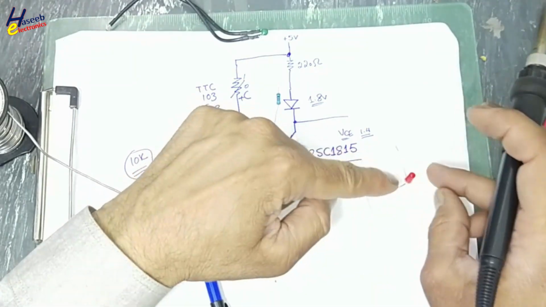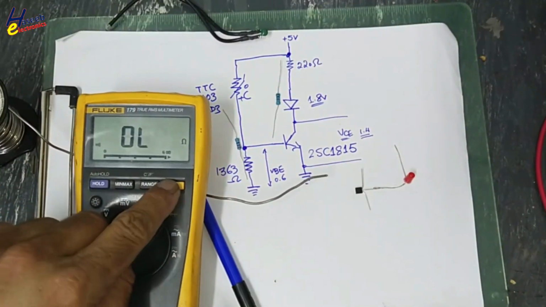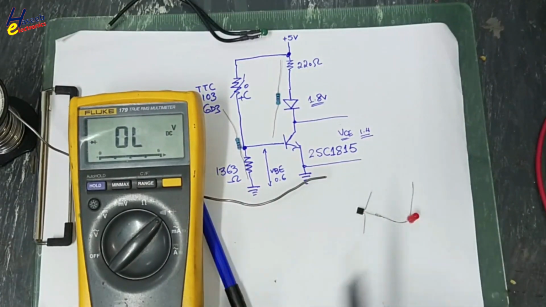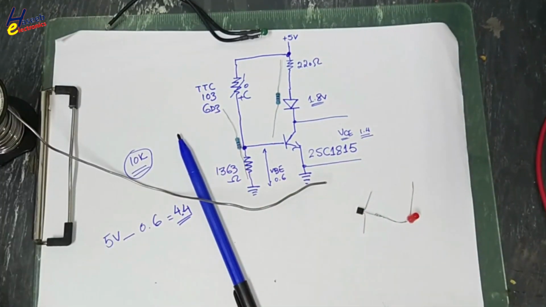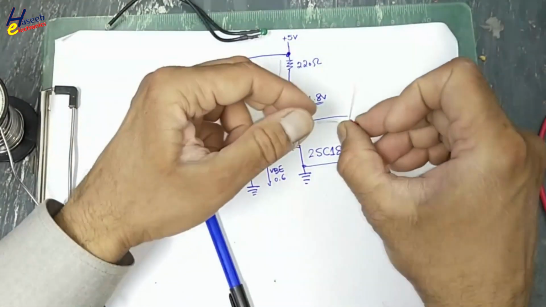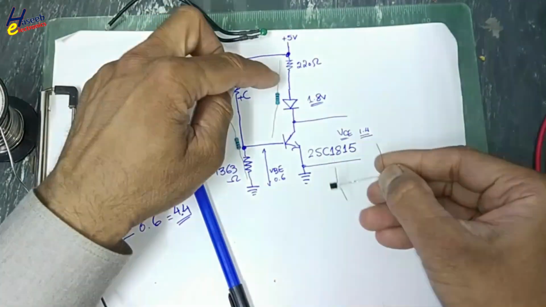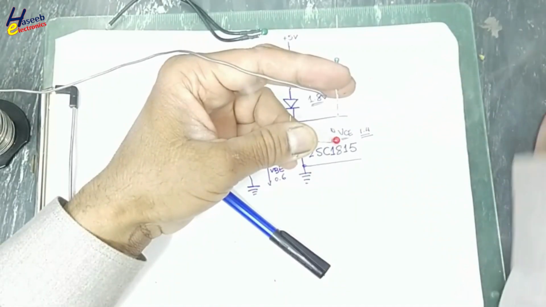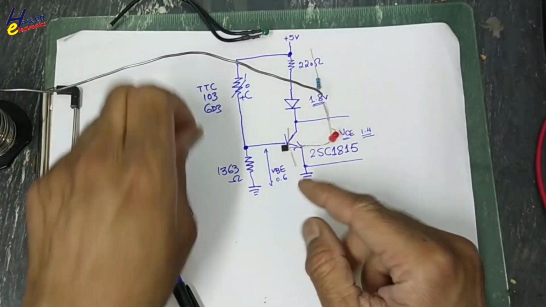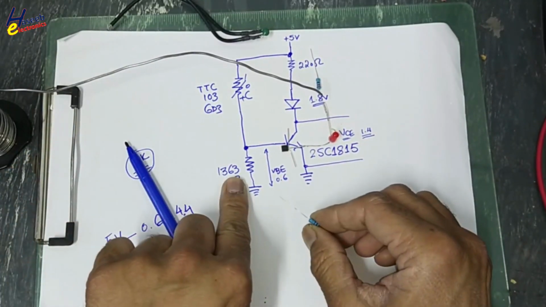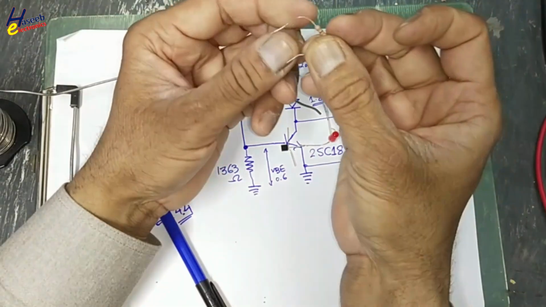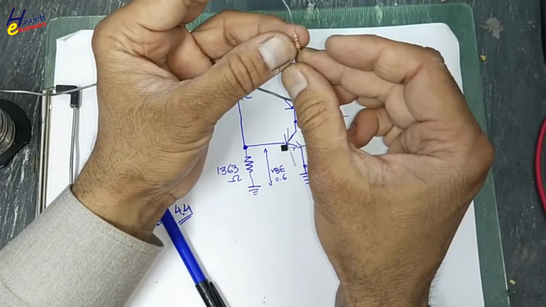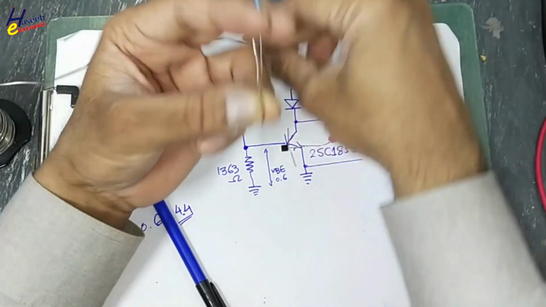Collector, at anode of this LED we will connect 220 ohm resistor. We will connect 1363. I will combine two resistors in series, 1K and 330 ohms.